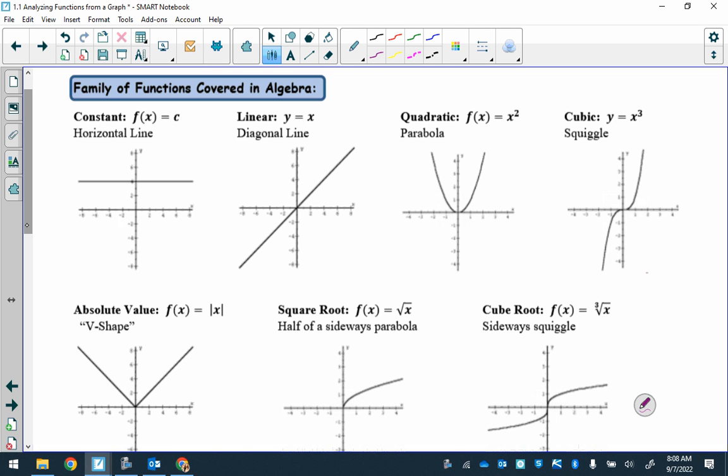So we have a constant, which is just a horizontal line. We have our linear function, which is diagonal. Our quadratic is a parabola. The cubic is like that squiggle line, right? So my question to you is, what would be the domain of a horizontal line?